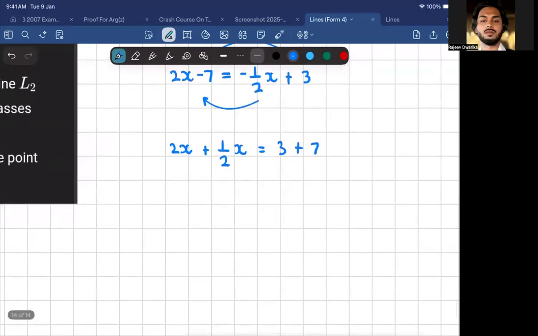We have 2x plus a half x. If this is confusing you, just add 2.5. 2.5 is what? That should be 5/2. Check it on any calculator. 2 plus a half is 5/2.